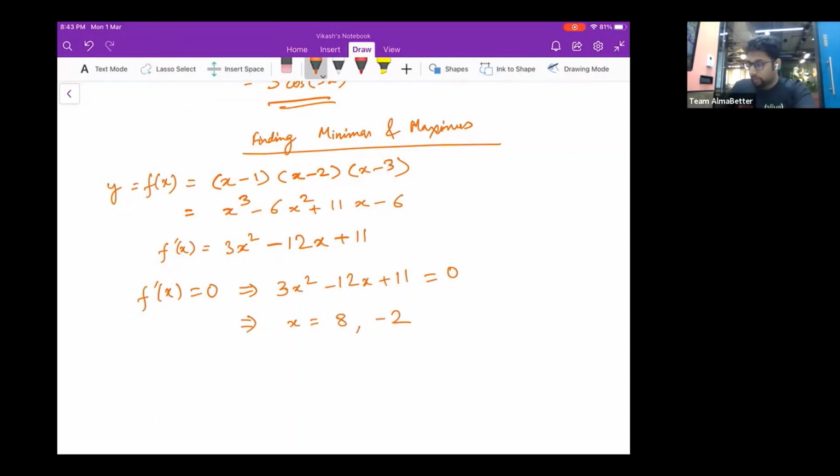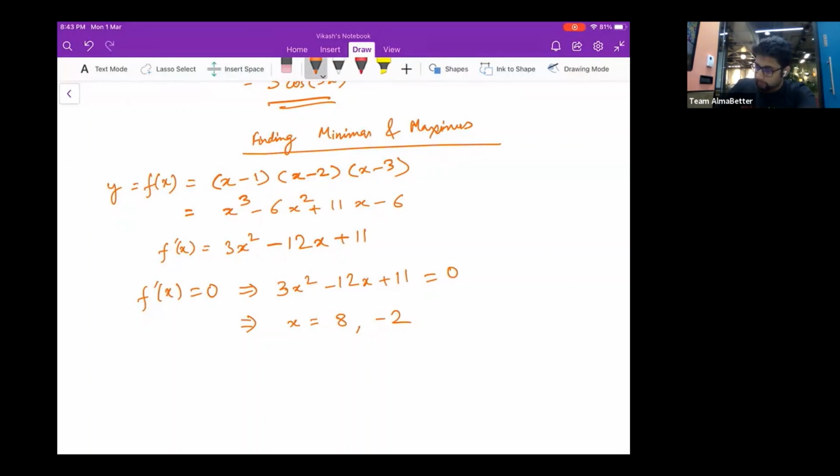Okay, so I got two values of x from this. So this says that at x equal to 8 and at x equal to -2, you have your curve flattening out, right? So this is what this suggests.